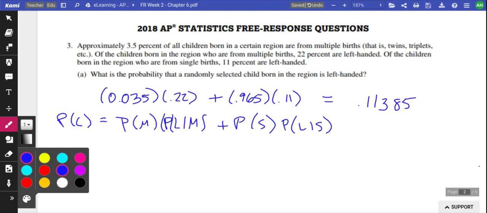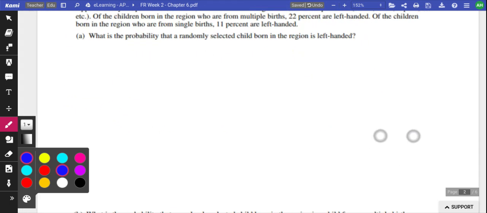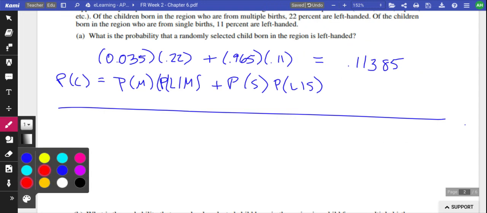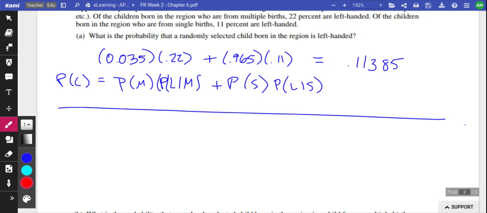Now, the way that I would be prone to do this, just because of the way that I think, and I think we talked about this in class, would be like this. I would be more tempted to just do a tree diagram.